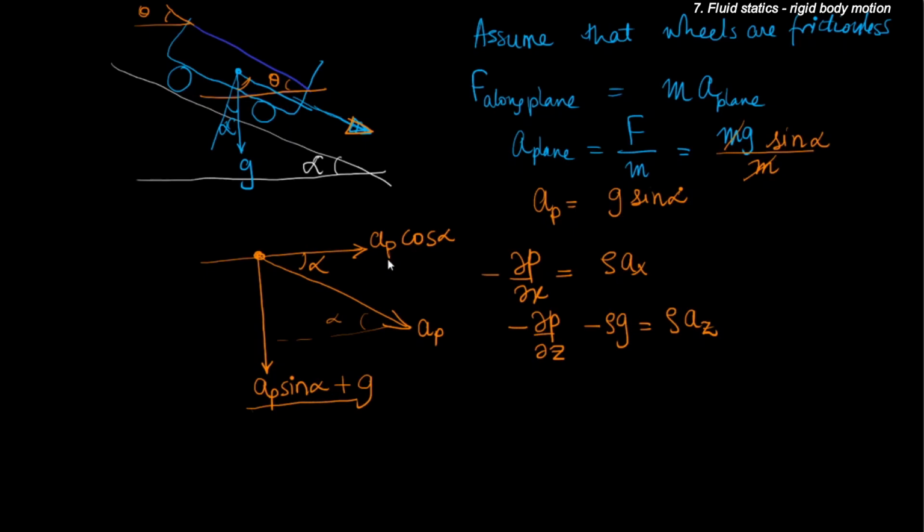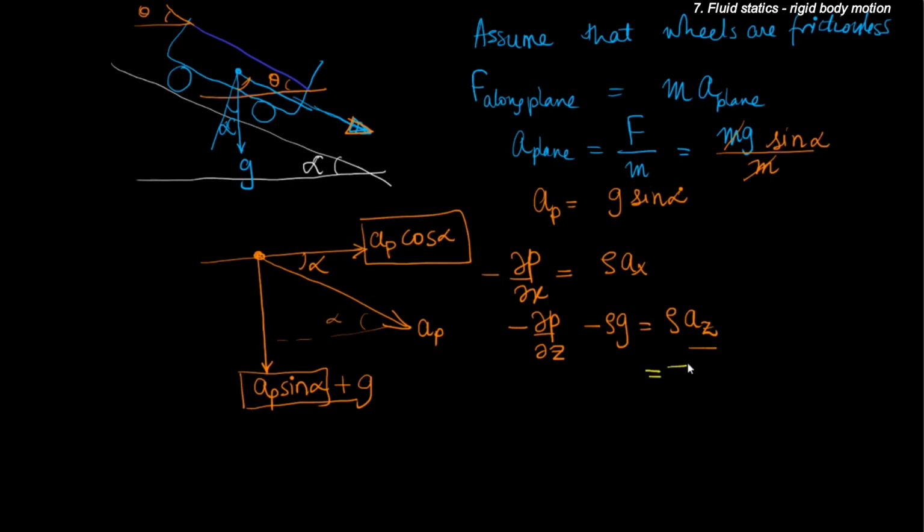So from this diagram, ax is ap cos alpha and az is ap sin alpha, but look, the direction is in the minus z direction, so az we must substitute as minus ap sin alpha.